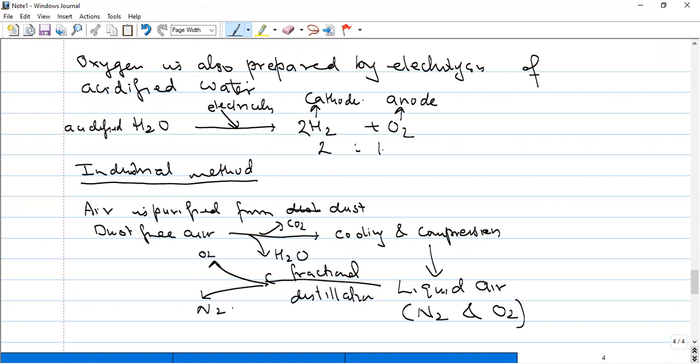So this is how oxygen is prepared on large scale from the air.